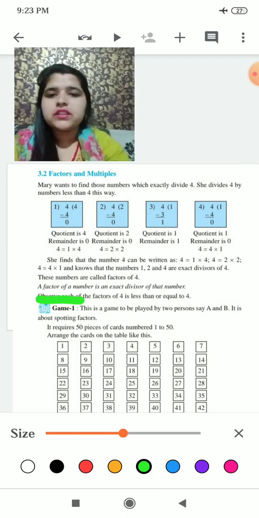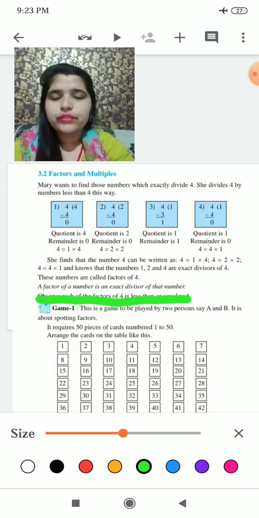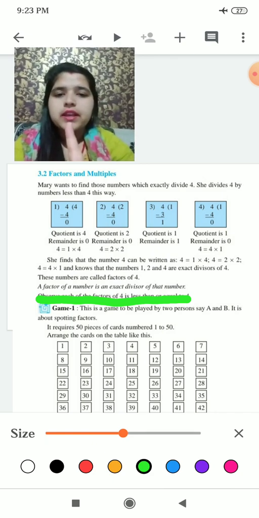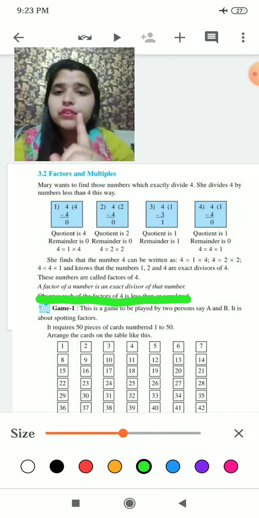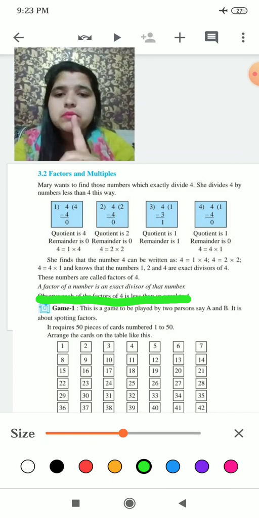A factor of a number is an exact divisor of that number. Okay, children, a factor is a number that is an exact divisor. If any number is a factor, it means that it will be exactly divisible by that number.